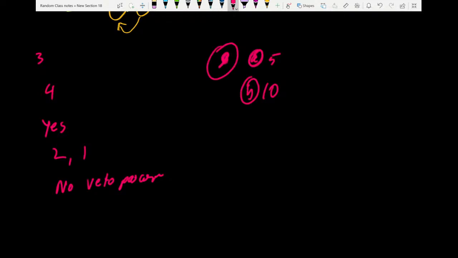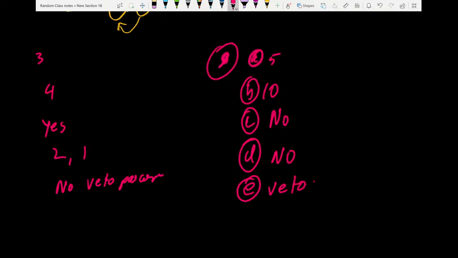Is there a dictator? No, because you don't have any clear winner. Are there dummy voters? No, because technically you could use any one of the twos to go over that. Are there any veto powers? Yes, and those are all the twos.